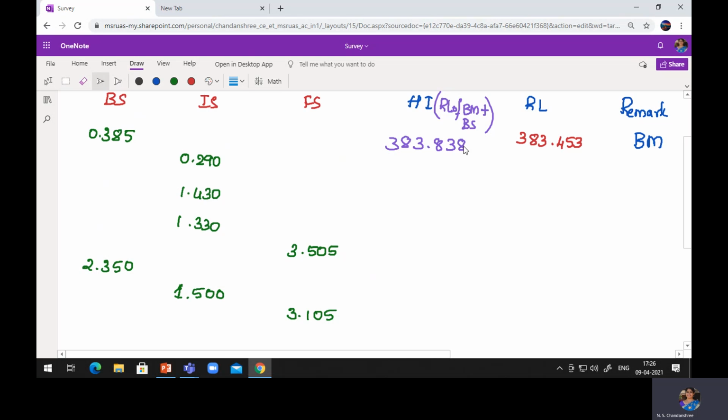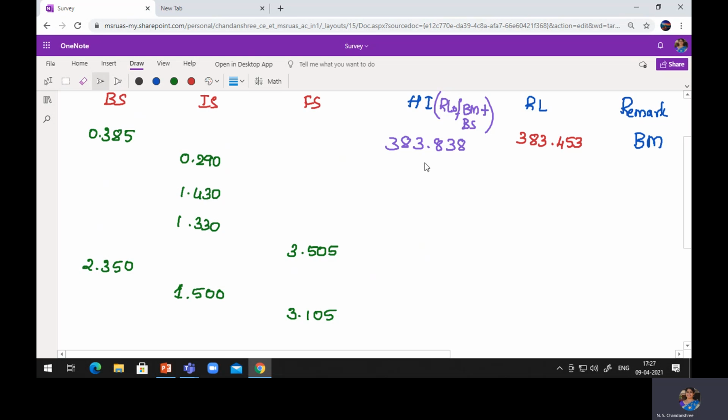Now once we get the height of the instrument, from here till here the instrument is in the same position, because we have taken backsight from this station, then intermediate sights, and the last reading was taken from the same station. Next, from here till here the same height of the instrument will continue, as we have not changed the instrument. At this point we have changed the instrument station, so we will have to calculate the height of the instrument again. Till then we will calculate the RL.